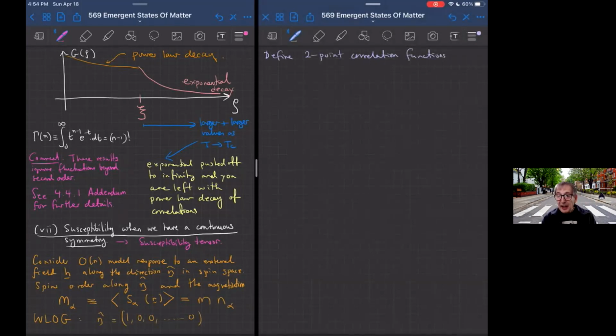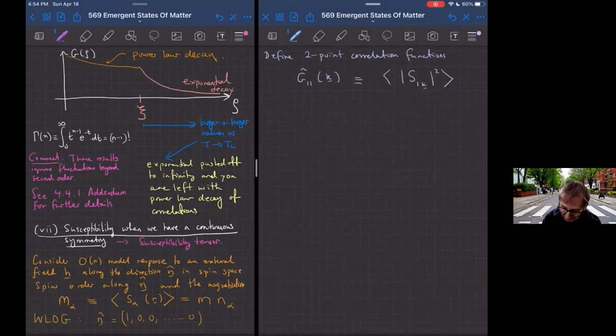It's going to be easier for me initially to define them in momentum space. So I'm going to write G parallel of k, and that's going to be defined as the expectation value of the absolute value of S in the one direction as a function of k, squared, like so. Okay, so that's going to be called G parallel. It's called G parallel because it's the response in the direction in which you're applying the external field.